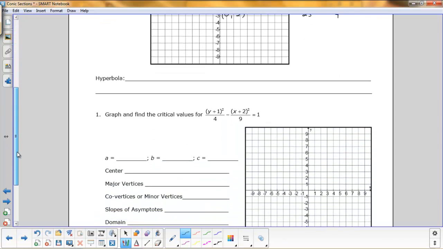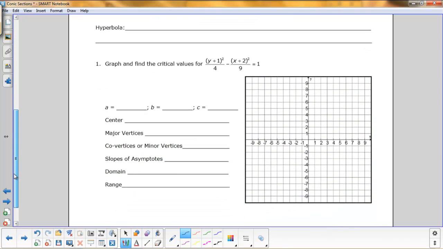Definition of hyperbola is given to you in your foldable notes. Now we're just going to focus on graphing using the critical values in the equation. A always comes first, so that means A is 2, B is 3, and we will use c squared equals a squared plus b squared to determine it.